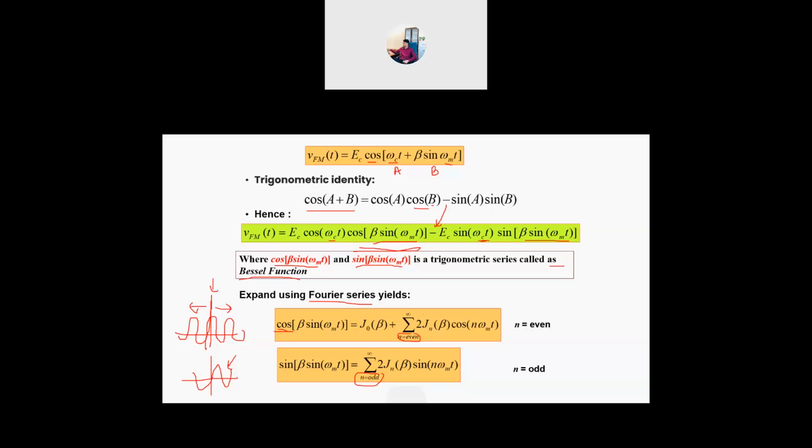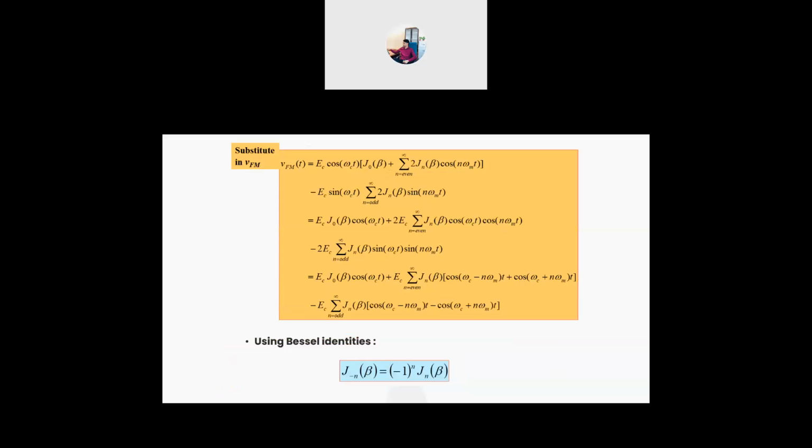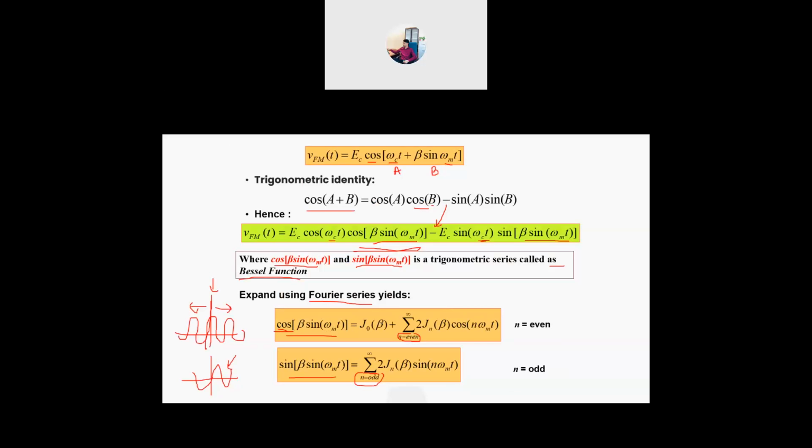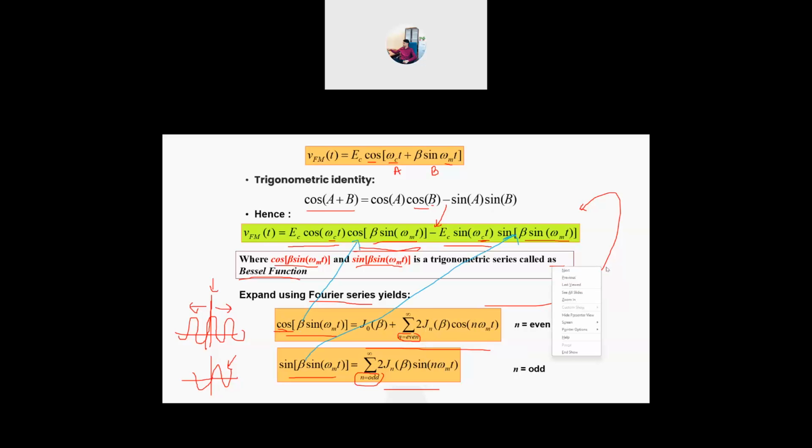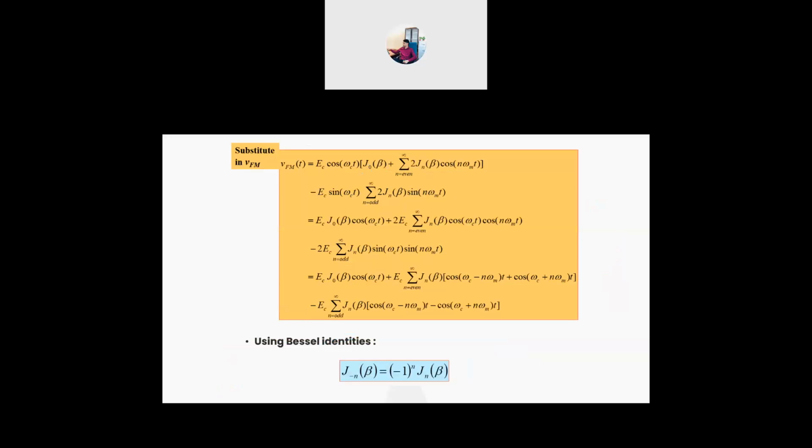Now if we substitute into our VFM equation this angle that we obtained, in terms of this Fourier series, into the equation where earlier we had E_C cos omega_c t and E_C sin omega_c t, this one will be inserted here and this one inserted here. The substitution will give an even longer equation, but don't worry, it is just straightforward logic. Then you will have the Fourier series of this frequency modulated signal.